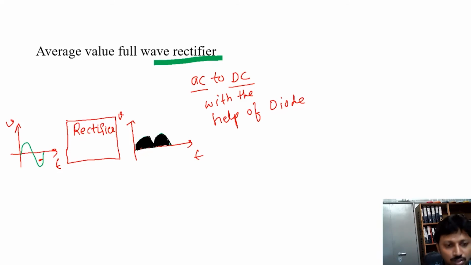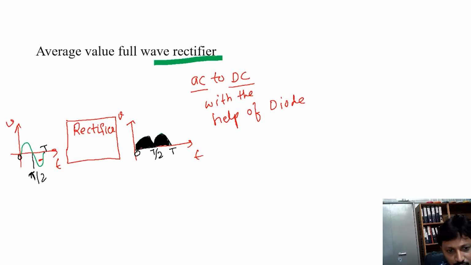Just see that here this value is 0, this is T by 2, and this is T. Now here this is 0, this is T by 2, and this one is the T value, right? So we are interested to find the average value of this rectified figure.